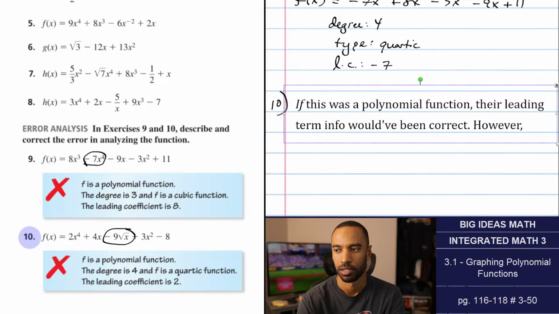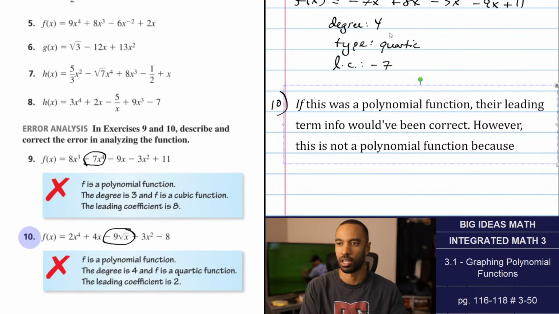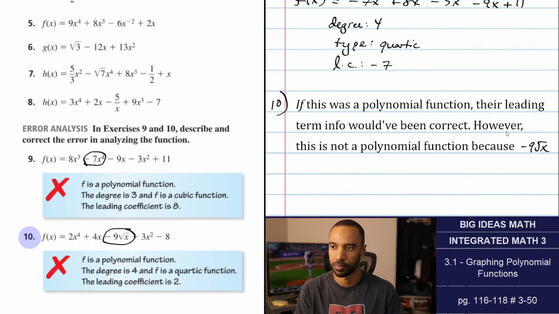However, this is not a polynomial function because one of the terms is not a monomial. Let me write it. Negative 9 root x is not a monomial.